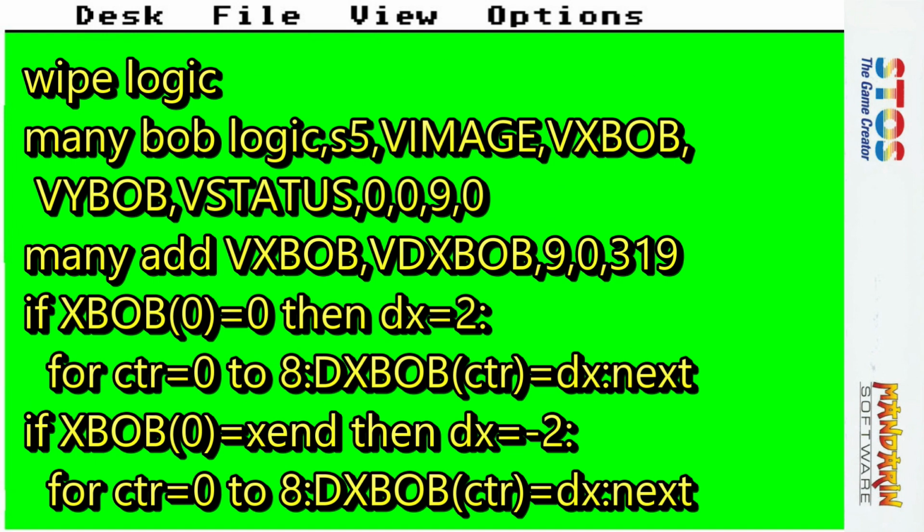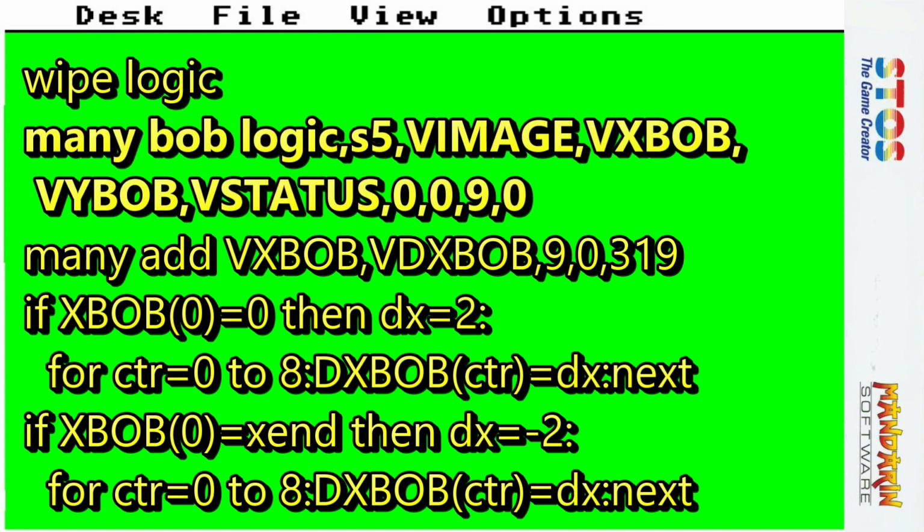On each frame, we're going to do this. First, we're going to call the MissingLink wipe command, which is a very fast replacement for the STOS CLS command, almost twice as fast. Then we're going to call the many-bob command. This will blast our 9 bob sprites to the screen to make the formation.